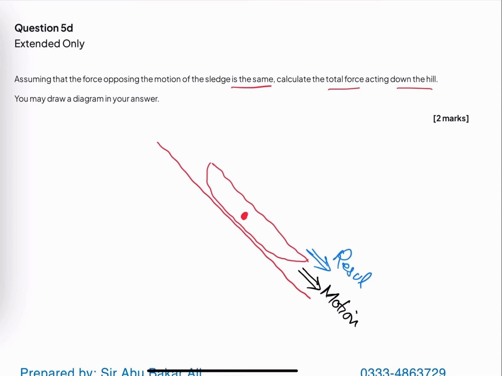Resultant force that we have calculated is also in this direction, that is 31.5 Newton. And the friction force is opposite to the motion. Friction is 46 Newton.